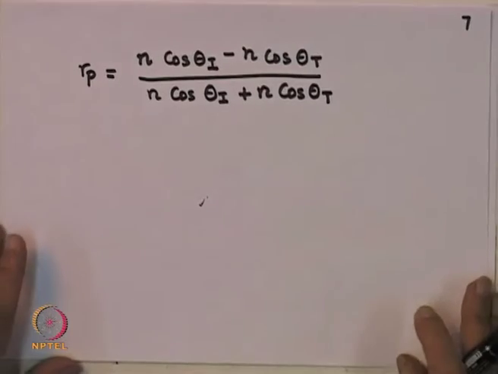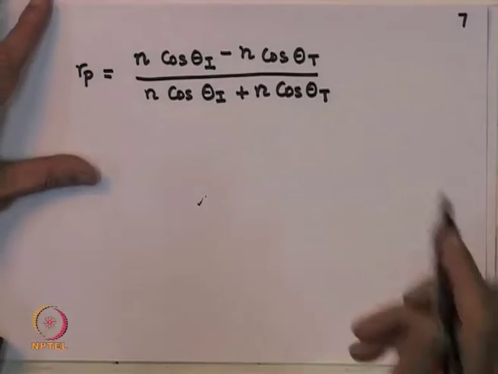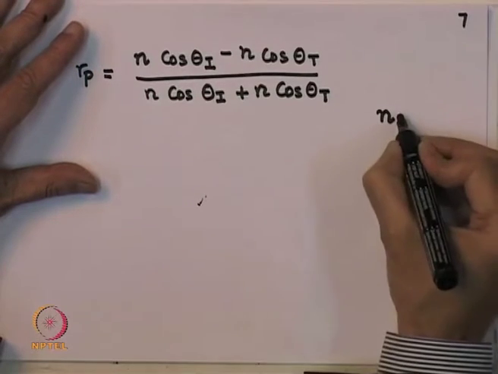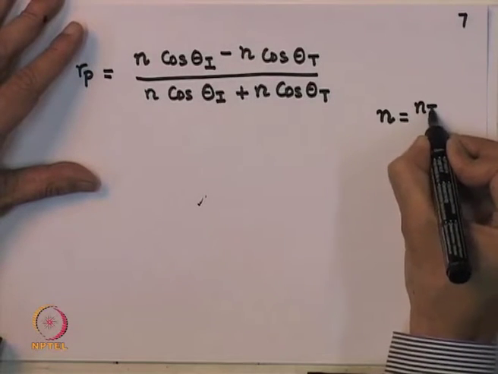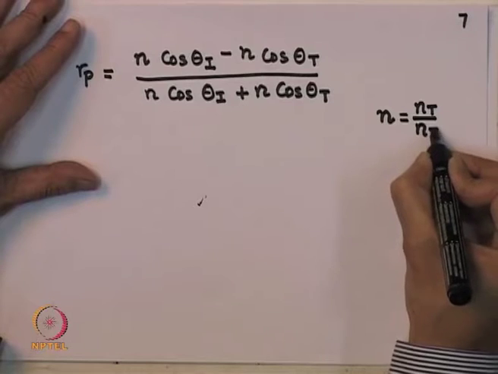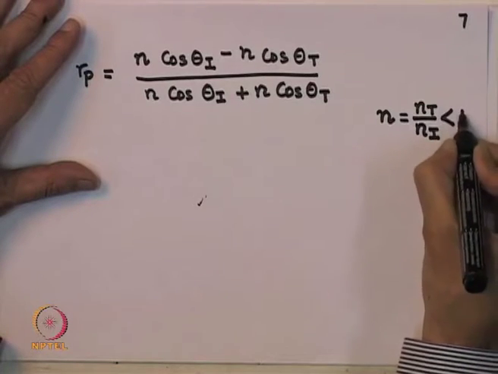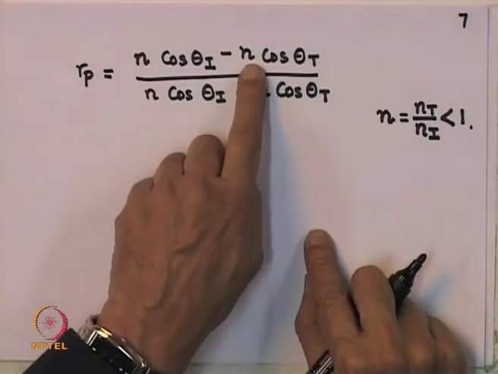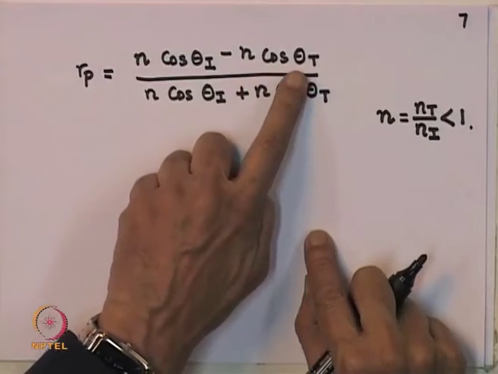Now, I am going to look for a case for which the second medium has a lower refractive index than the first medium. So n t by n I is less than 1. When this happens, I can rewrite this expression.